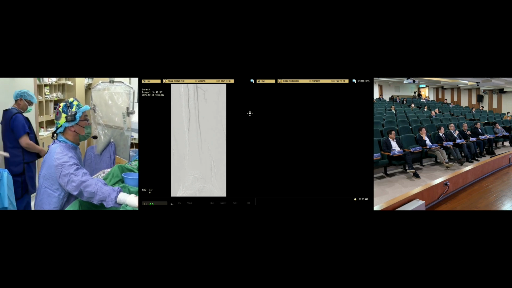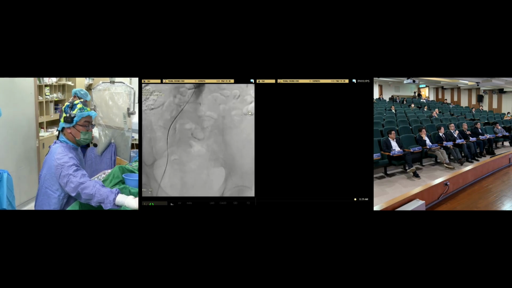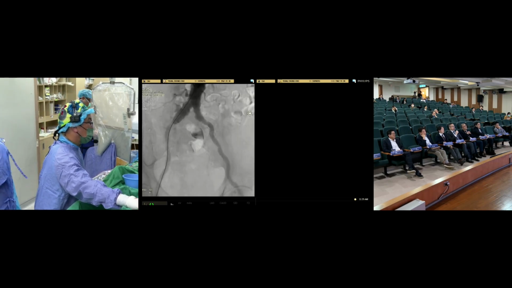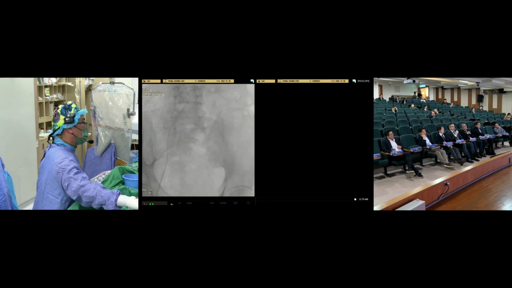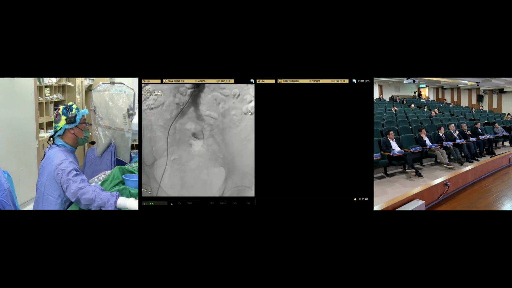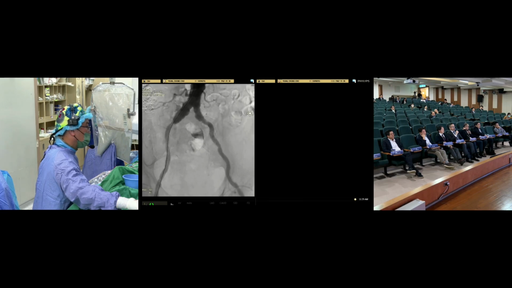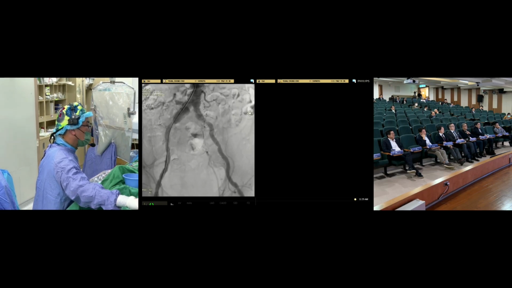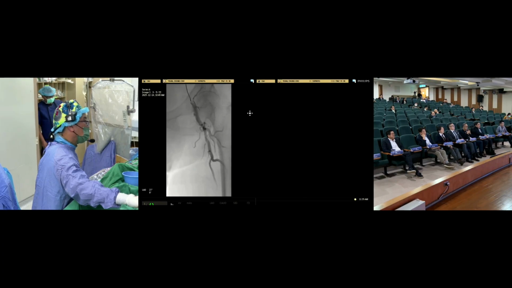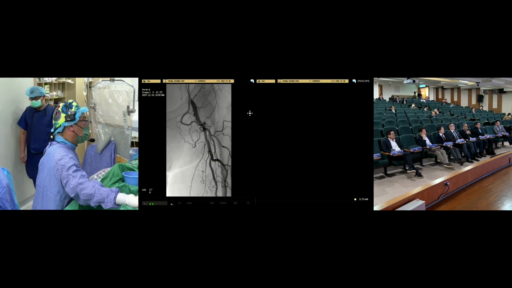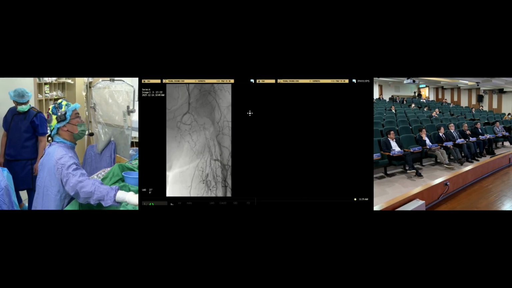Then we treat the left first. We can see some lesion in the iliac artery. However, we measured the pressure gradient across the lesion before this EVT, and it doesn't have a significant pressure gradient. So we directly enter the left common femoral artery.